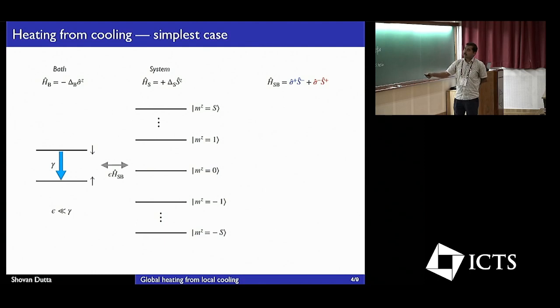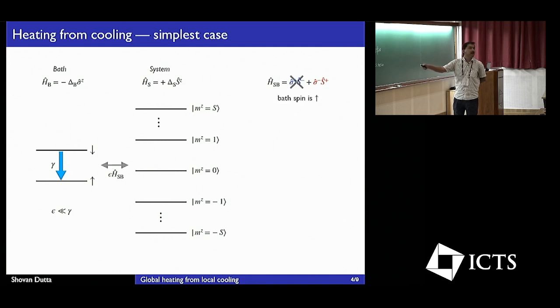One thing you notice is that here the energy decreases with the z component, and here it increases with the z component. And so this basically cools both the bath and the system, and this heats both the bath and the system in the coupling Hamiltonian. However, because I'm cooling the bath always to up state, the first term is basically inactive.